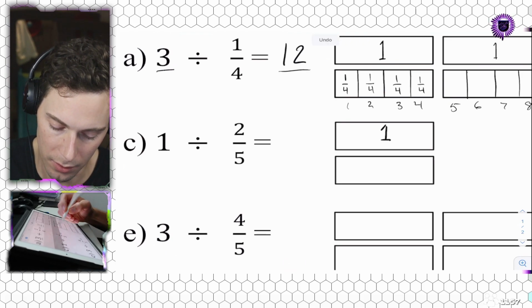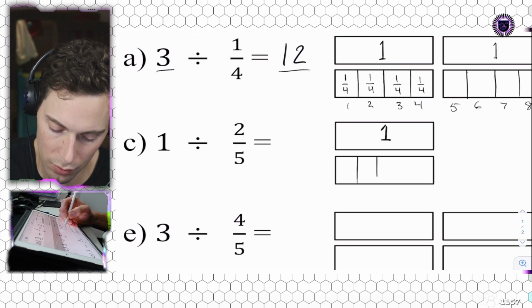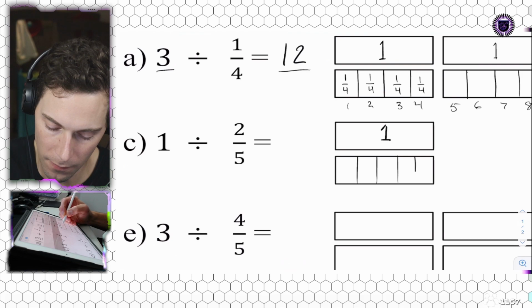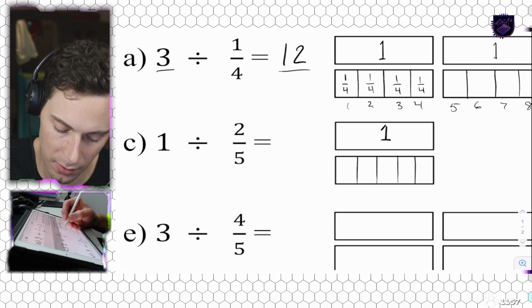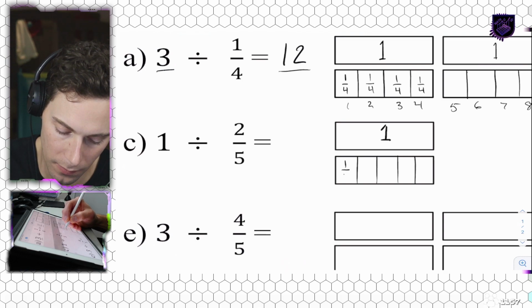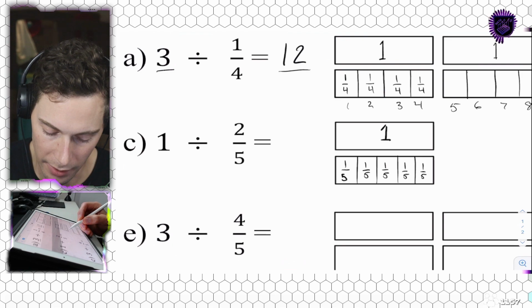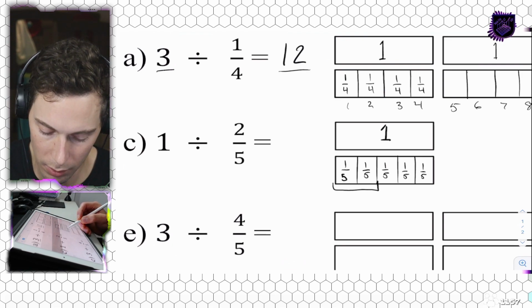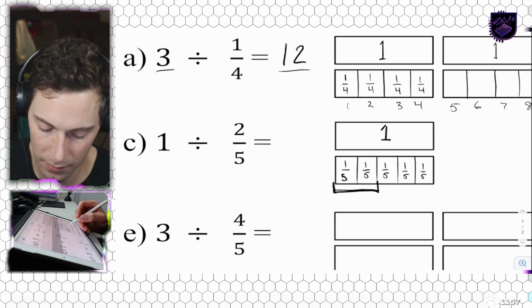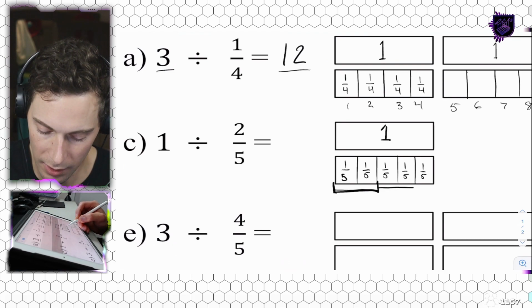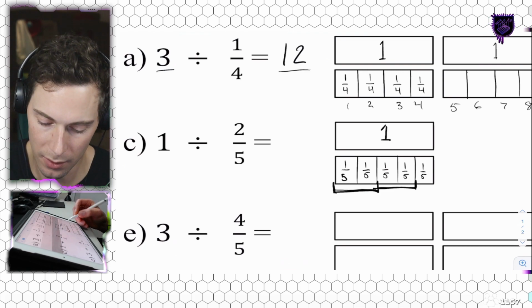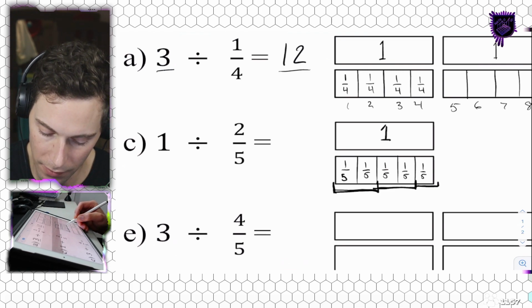Oh no, this is going to be harder to draw. 1, 2, 3, 4 lines, 5 equal groups, 1/5, 1/5, 1/5, 1/5, 1/5. All right. So we have one whole group of 2/5. We have a second whole group of 2/5, and we have 1/5 remaining.